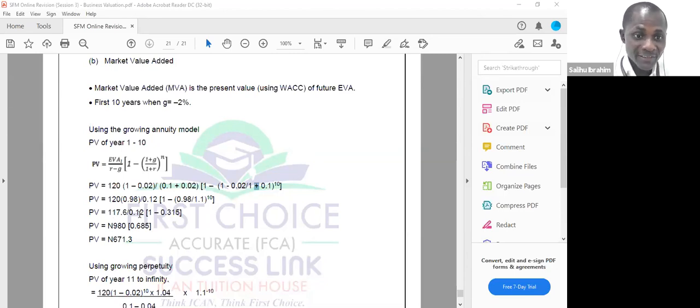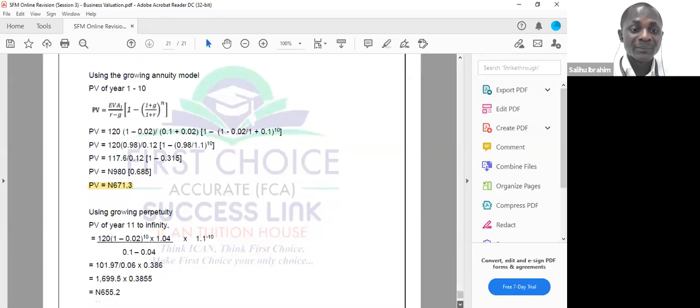So we have 117.6 over 0.12 into bracket 1 minus 0.315. When we evaluate this, we have 671.3. That is the present value for year 1 to 10. Now, we have to compute what?